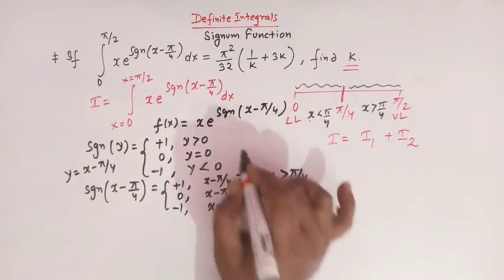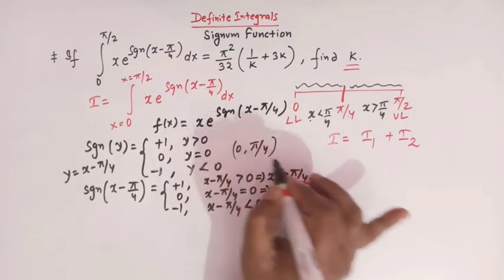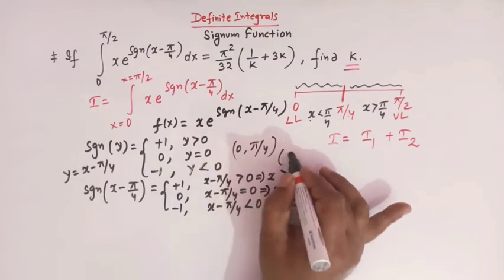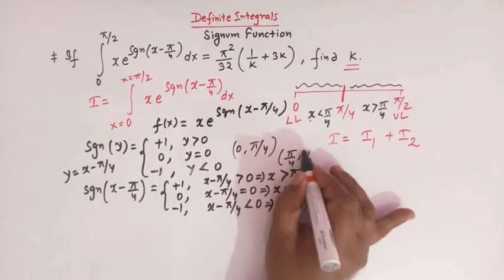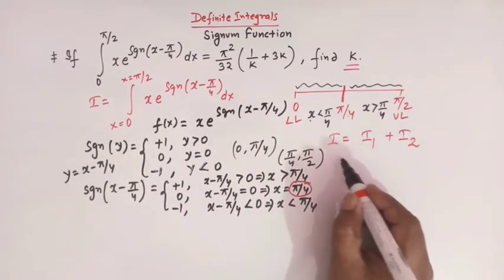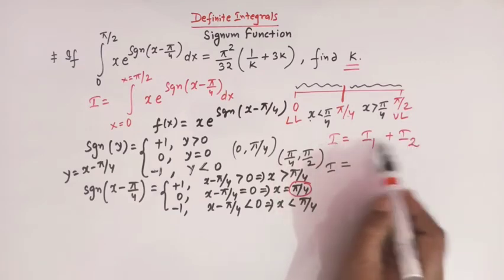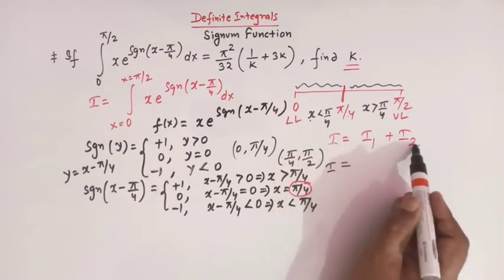The first one is from 0 to π/4, and the second one is from π/4 to π/2, right? So now our integral I can be written as a sum of two integrals I1 and I2.